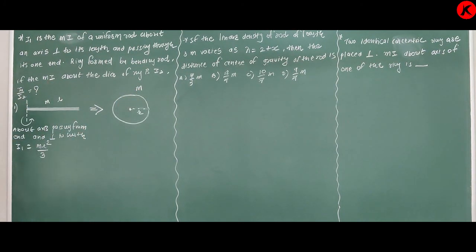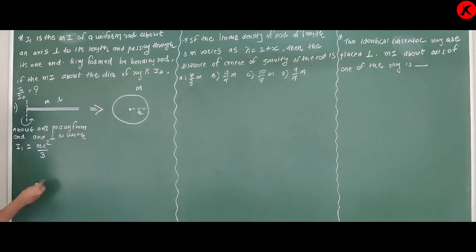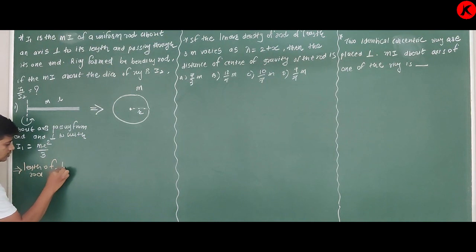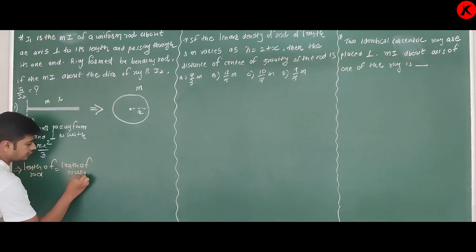First of all, you have to make one relation between the length of the rod and the length of the ring. As it is made from the same rod, you can write: length of rod is equal to length of ring.